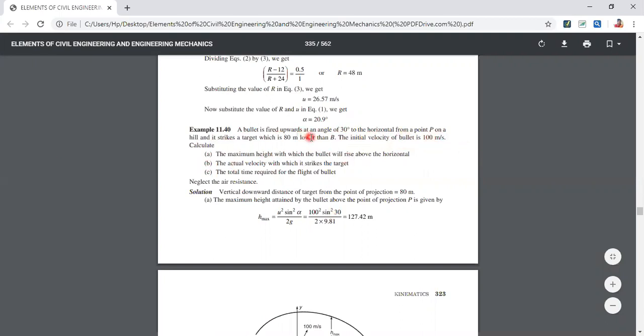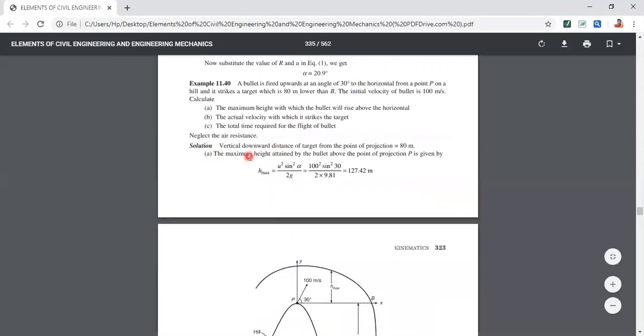You can understand that this falls into the case where points A and B are at different levels, not at the same level. It is fired upwards at 30 degrees from a point P on a hill, and it hits a target 80 meters lower than point P. Based on this you will understand which case it follows.